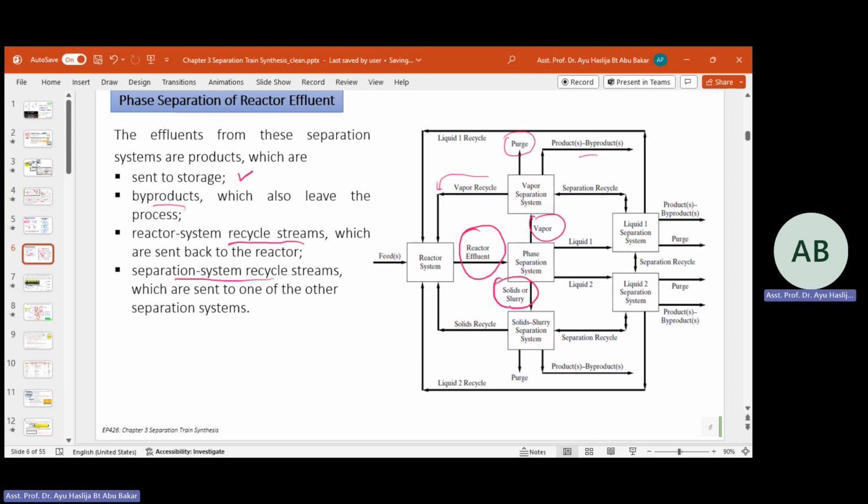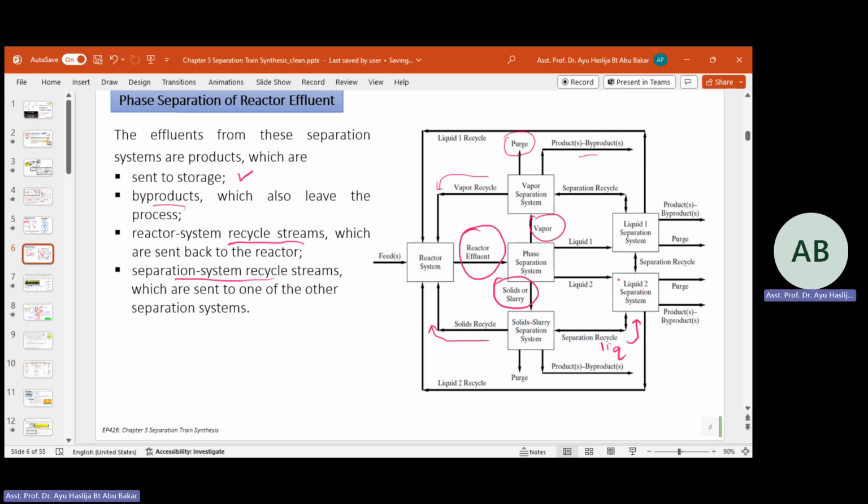Then the solid or slurry stream over here goes to another separation system where it separates the liquid and solid. If it is possible to recycle the solid, then you can recycle. This is not a fixed BFD. It depends on your system. This is for example. From here, it separates the solid and liquid. So the liquid goes to here.